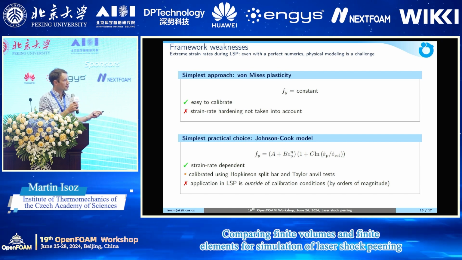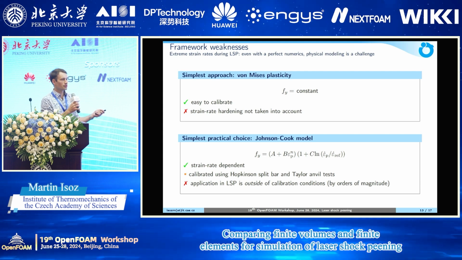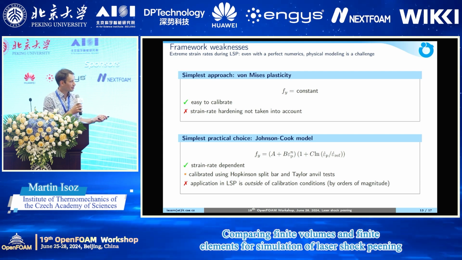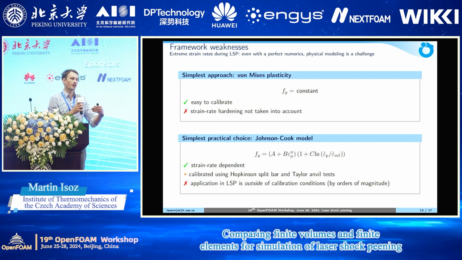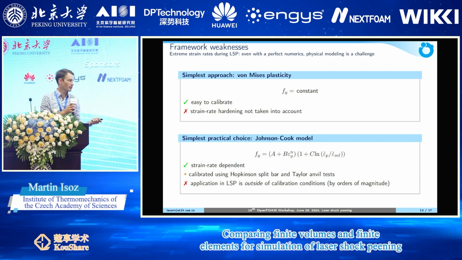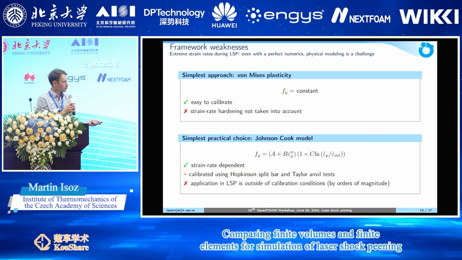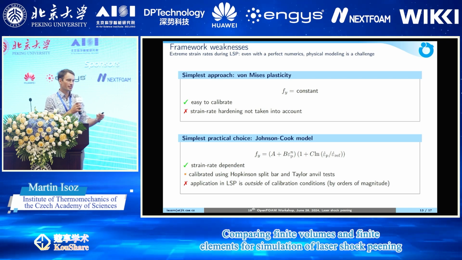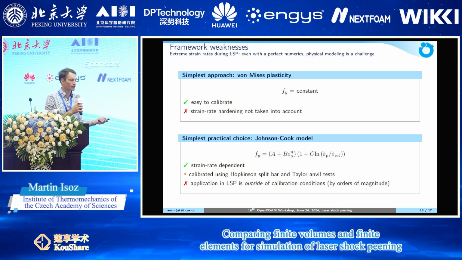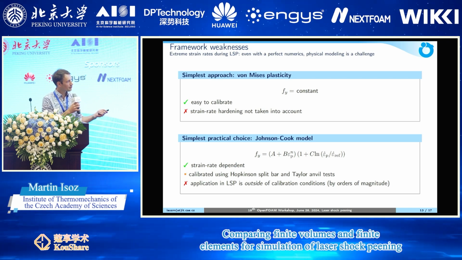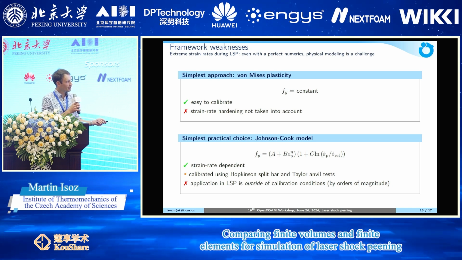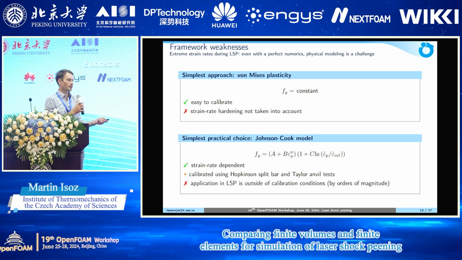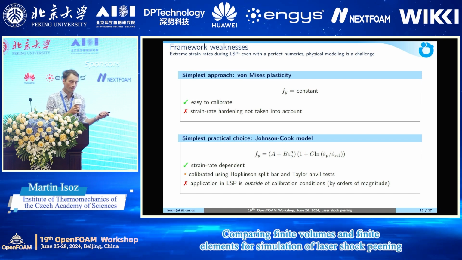The problem with this model is that it's too simple in our case, because everything happens very fast and the material properties are rate dependent. So we need to include some strain rate dependence, and for this the standard is the Johnson-Cook model. Here we have one constant material property, whereas there are 5 constants, which is a little bit more complex to calibrate.